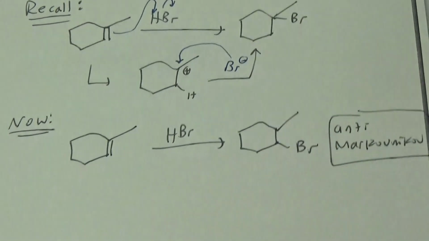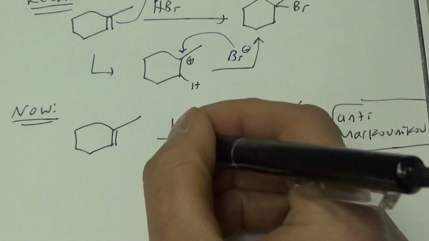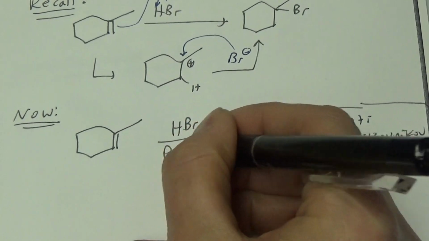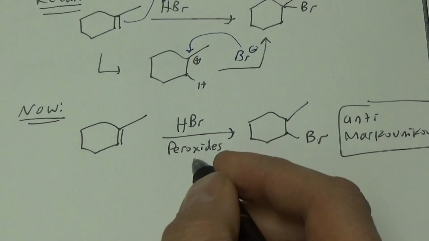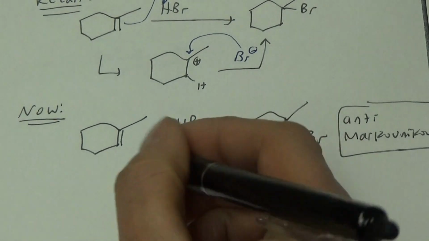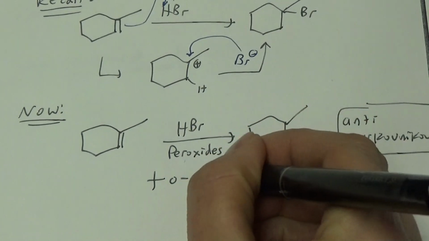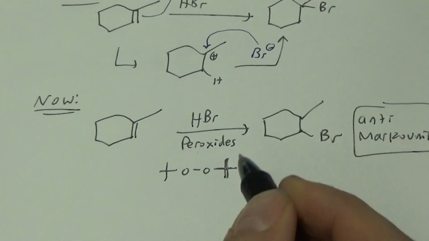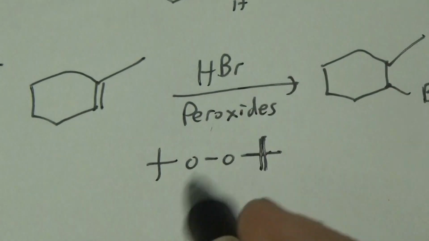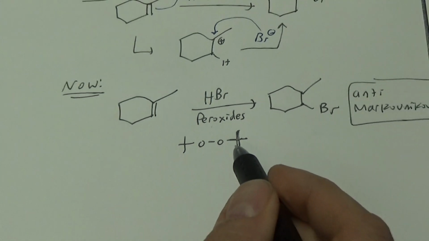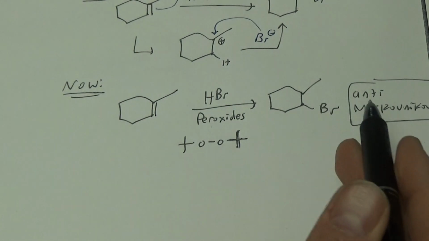Do you remember what the other thing was that we have to add for the anti-Markovnikov? It was something called peroxides. HBr, peroxides, and the peroxide specifically that we draw is tert-butyl peroxide. So it's tert-butyl, oxygen, oxygen, tert-butyl. It's a really cool mechanism that causes it to be anti-Markovnikov.